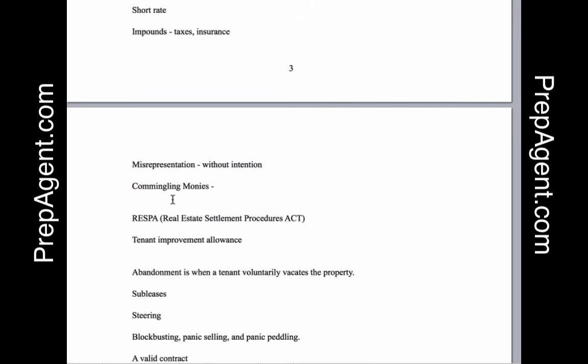Fraud, you knew what you were doing. Misrepresentation, whoops, my bad. What's the big difference? Well, if there's intention, insurance won't back you up if you get sued.